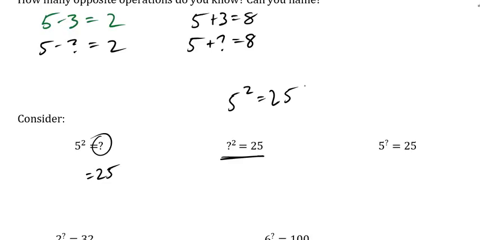That's just evaluating exponents, right? If I put it in for the 5, what operation is that? It's like using a square root. Very good. So it's obviously 5, but this would be the square root of 25 equals 5, right? So that is moving the question mark.